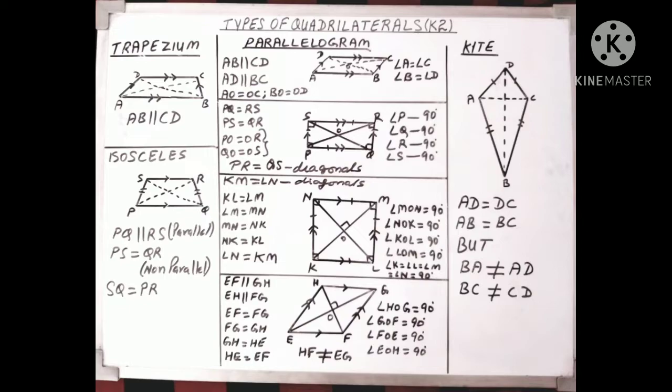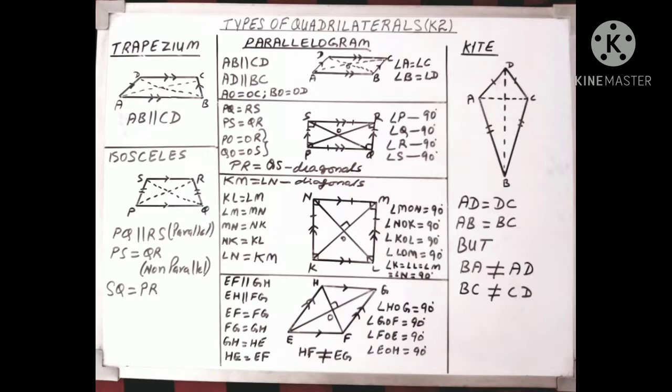Now try to understand this. This is such a trapezium in which we have the non-parallel sides equal, right? And in such a trapezium in which the non-parallel sides are equal, the diagonals SQ and PR are also equal, right?